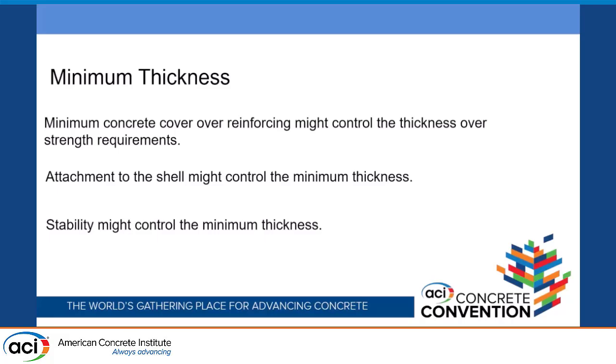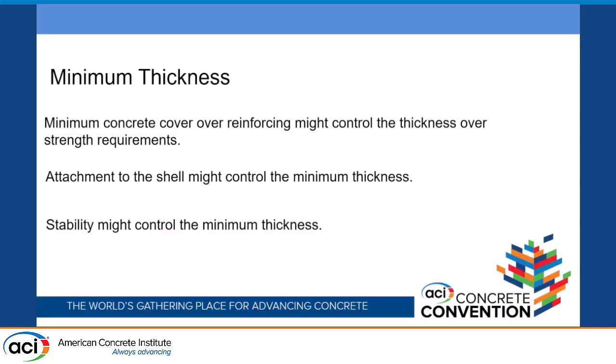For shells, our minimum thickness could depend on a lot of different things. Okay, so one of the most common things is just how much concrete we need to cover our steel. So maybe we have a shell and by analysis for strength it only needs to be an inch thick.